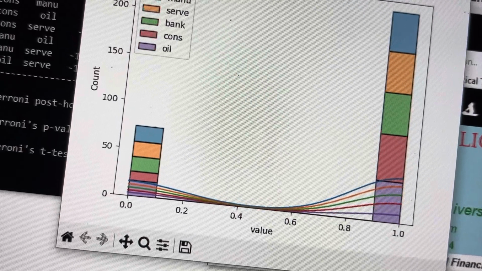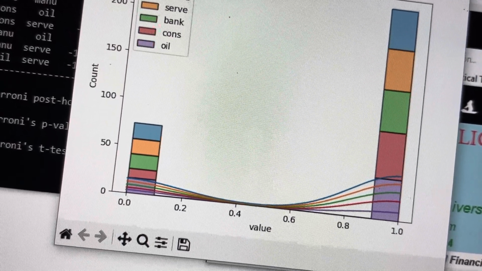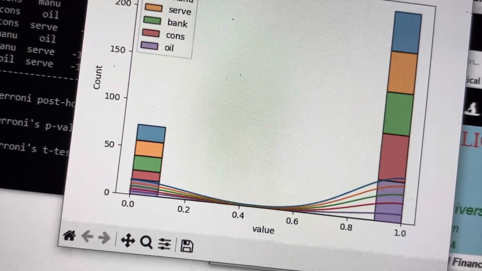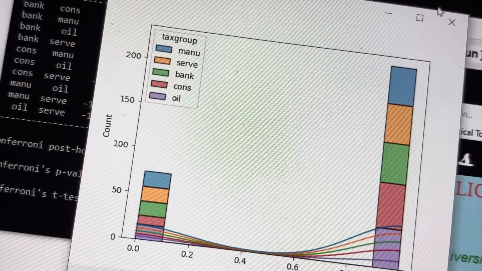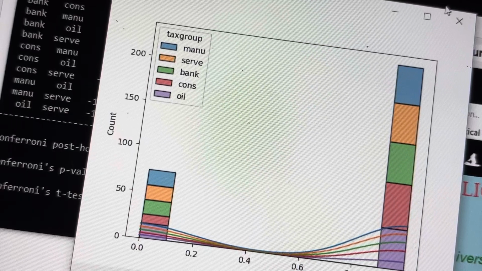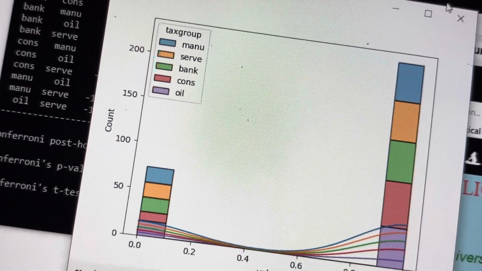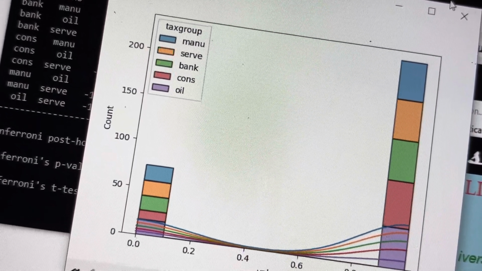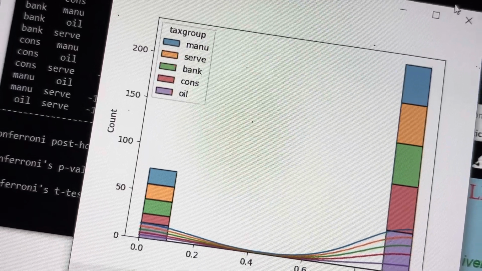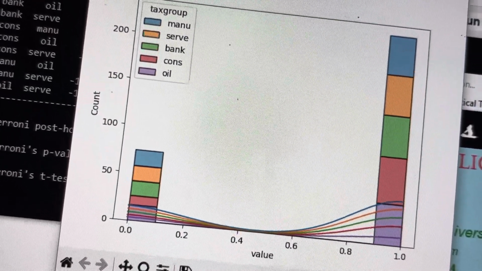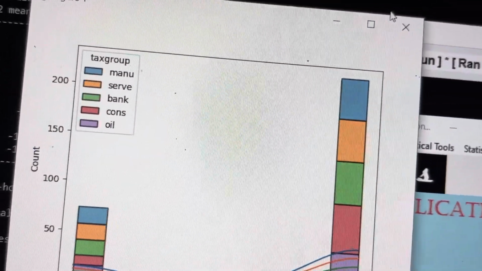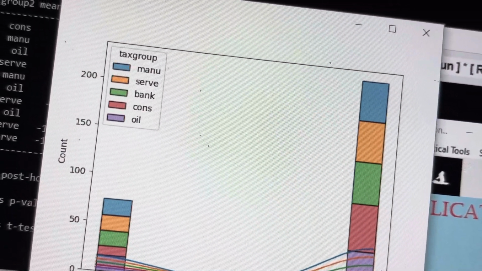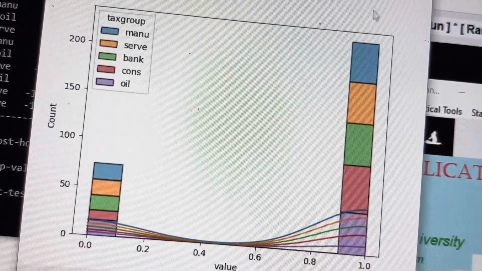So those that did not comply more, most of them came from the manufacturing industry, and those who complied more came from the construction industry, judging from the size of the bar that they carry. So that's that.